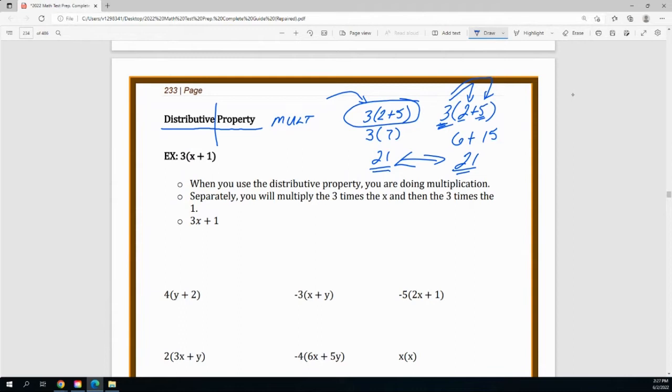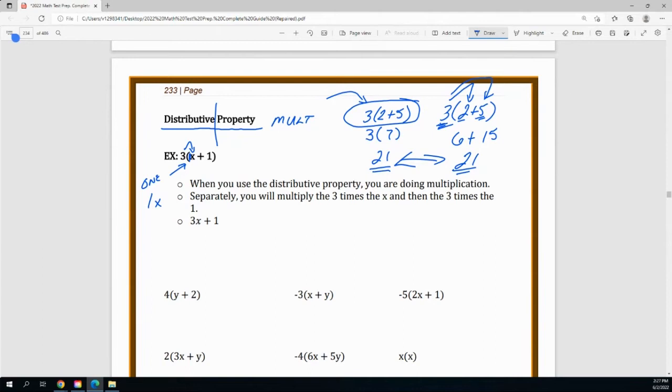So let's give it a shot. Notice that with the 3, you would be multiplying it times the x. Now, 3 times x, you would say 3x. But I'm going to show you something else. Every time you see a variable sitting by itself like that, there's always a 1 in front of it. So really what's sitting there is 1x. And 3 times 1 is 3.